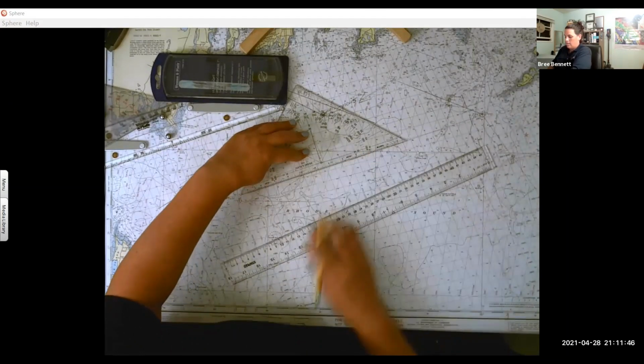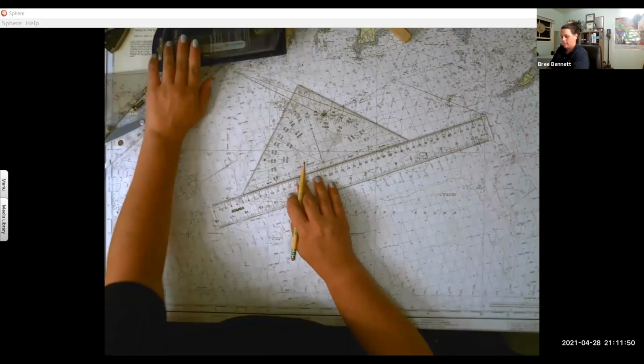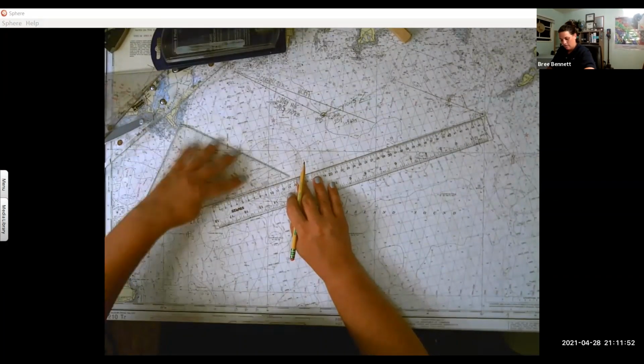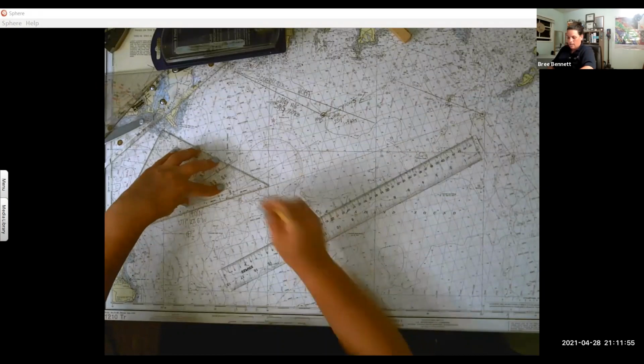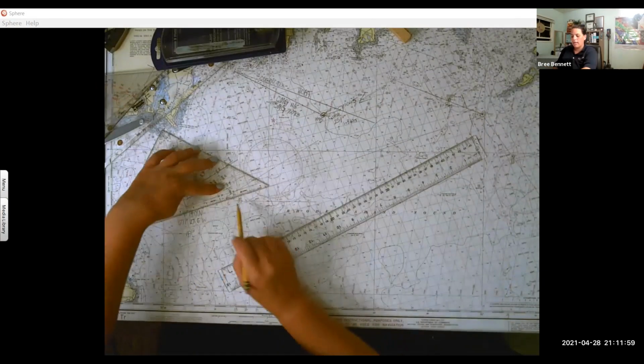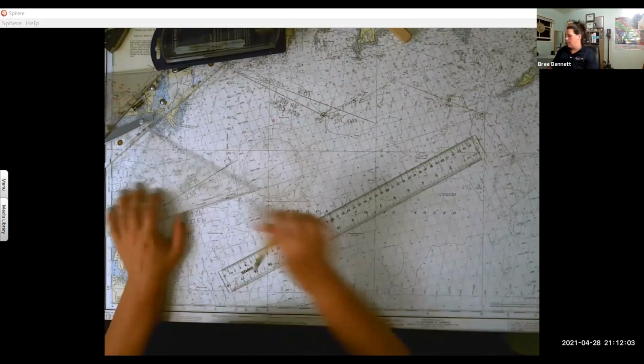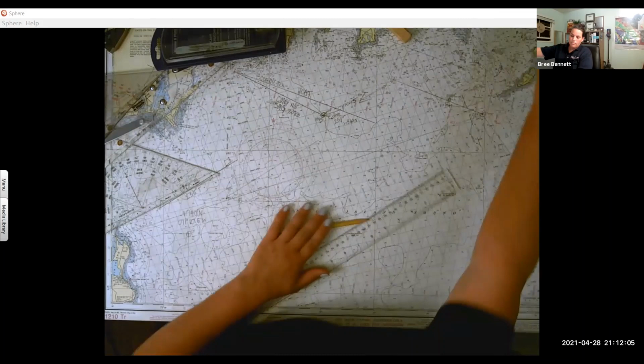Continue the line. Slide this down and continue the line.